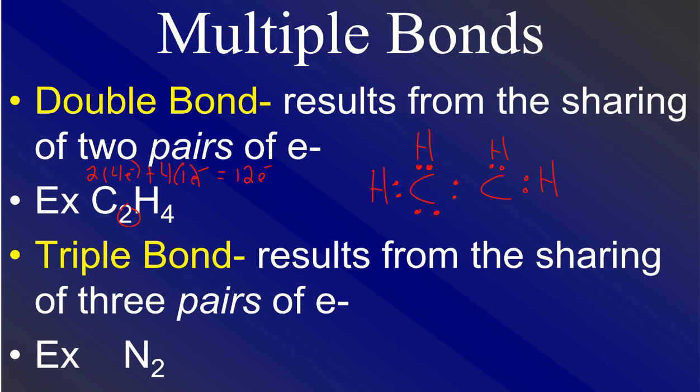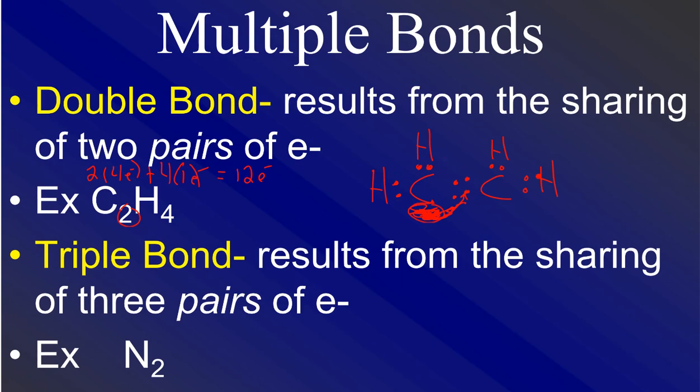So here's what we're going to do. We're going to take one of these pairs right here. Instead of it just counting for this carbon, we're going to go ahead and share it right here. So now what we've got here is each carbon has 8.